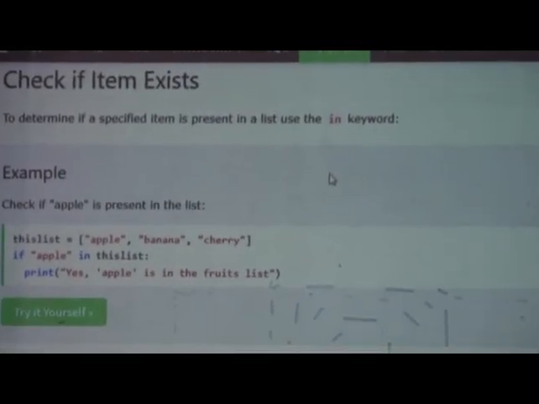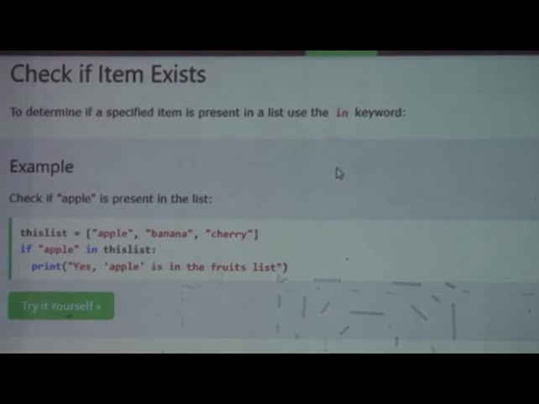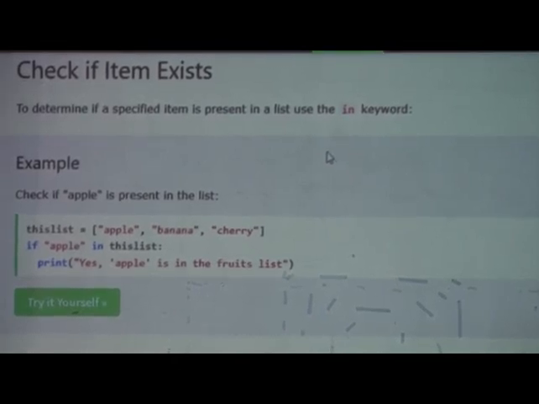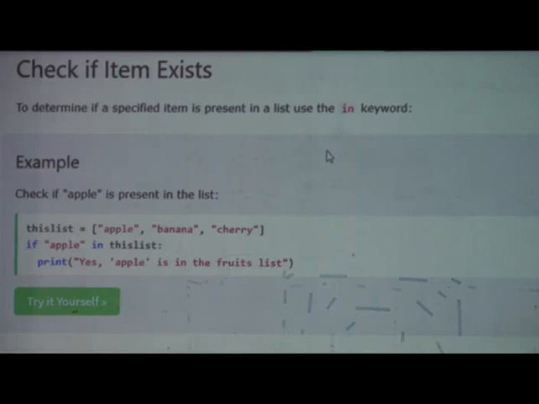Okay. So here is an if statement. I'm hoping that most of you know or have remembered that much of Python. How do you write an if statement in Python? You have to put a colon after the if statement.